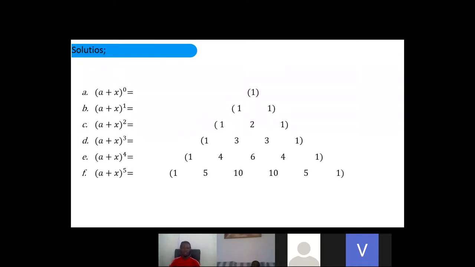We can't use Pascal's triangle for exponent 1/2 or exponent 3/2, because we can't get the coefficients for them using Pascal's triangle. So Pascal's triangle has a limitation. We can't use it for larger positive integers, and we can't use it for fractions and negative numbers. Okay, sir, thank you. Welcome.